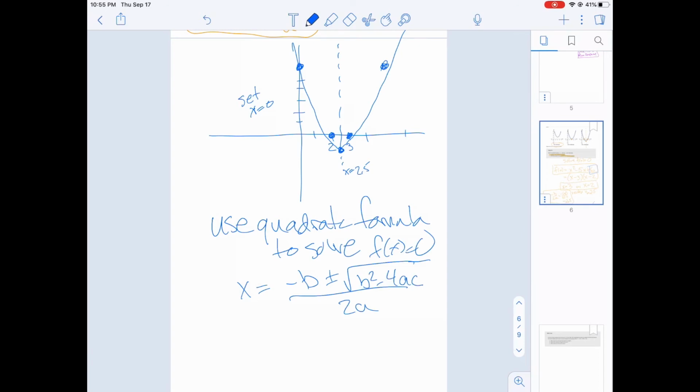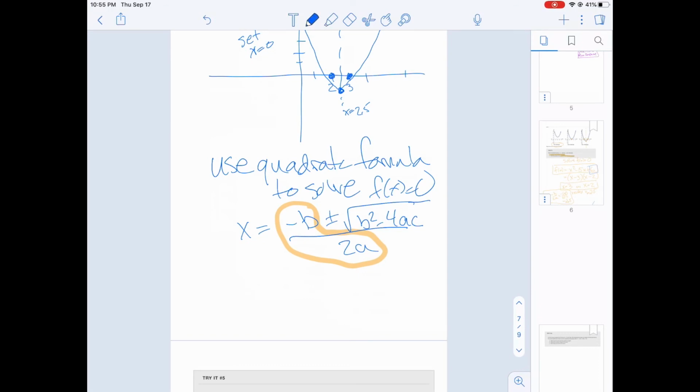But I did want to point out quickly that this is one example where this minus b over 2a comes from. Minus b over 2a is the center, the vertex. And then we get one solution, which is minus b over 2a plus the square root of b squared minus 4ac all over 2a.